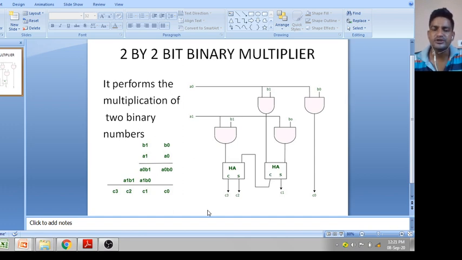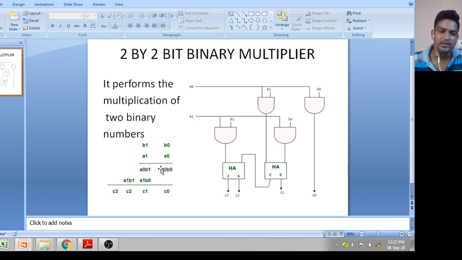Okay. Suppose we are implementing a combinational circuit which is a 2 bit by 2 bit binary multiplier. Suppose the 2 bits of A are A1 A0 and the 2 bits of B are B1 and B0. How it performs: it will multiply A0 B0, A0 B1, then A1 B0, A1 B1.